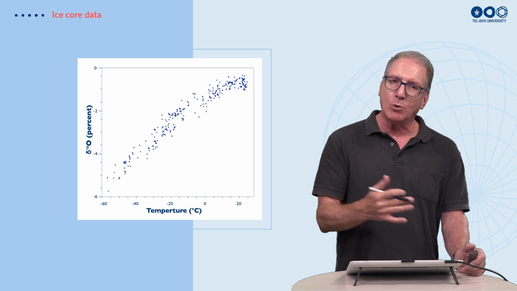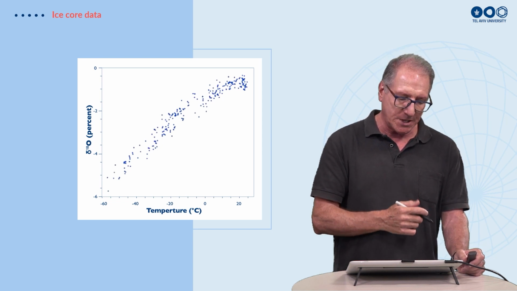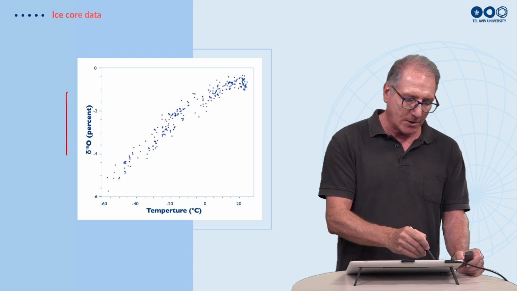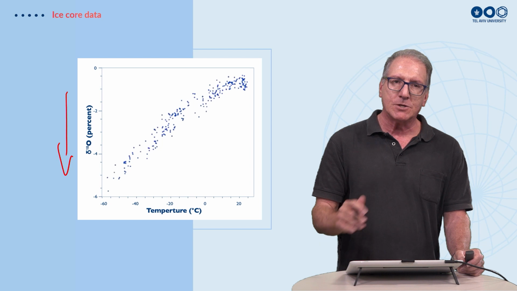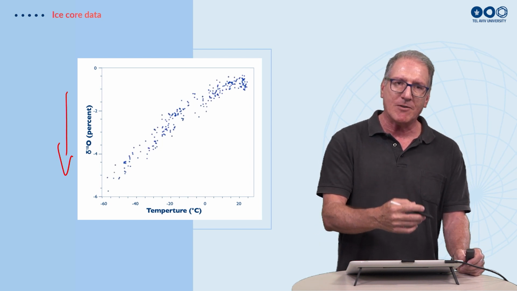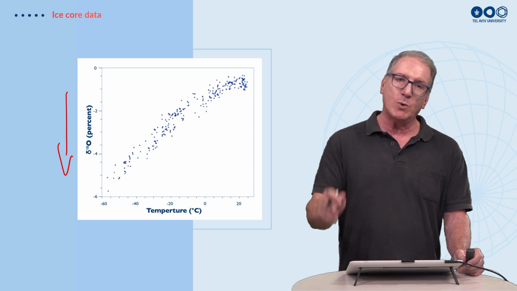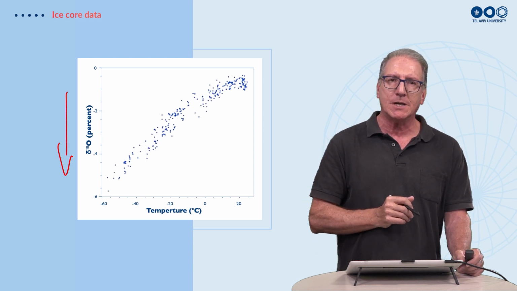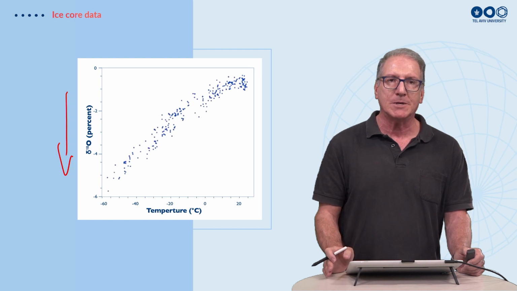What we see is that for colder temperatures, we have an increased depletion. This is a scale going down from 0 to -6. And so the more depleted in percentage, 5% less, 6% less, the colder the temperatures. And so we can measure these isotopes in the ice and convert that to temperature changes of the climate.